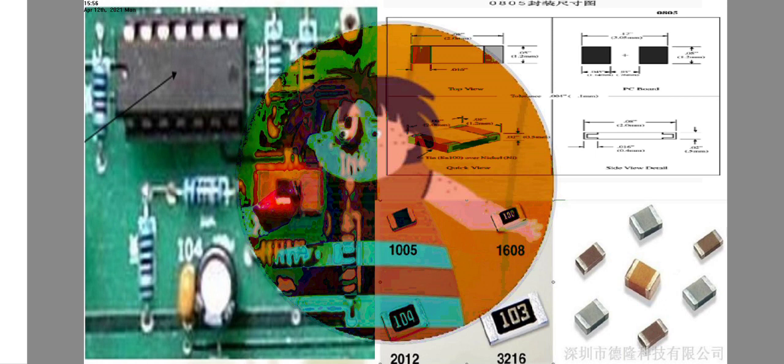Now, the surface mount device resistor is used in our cell phone. Oh my God.